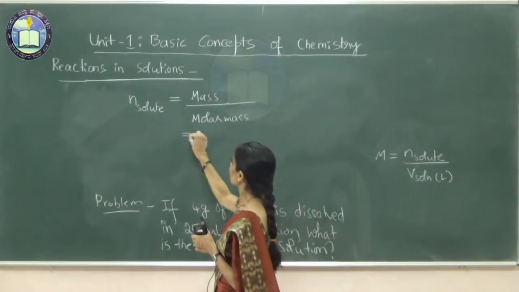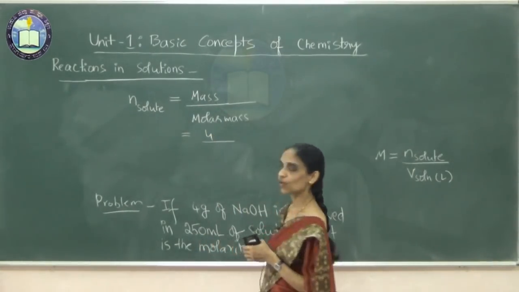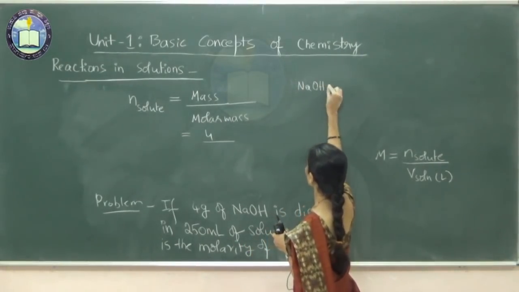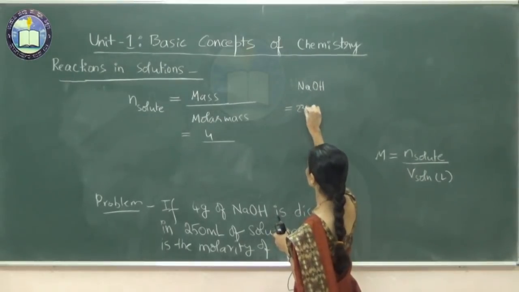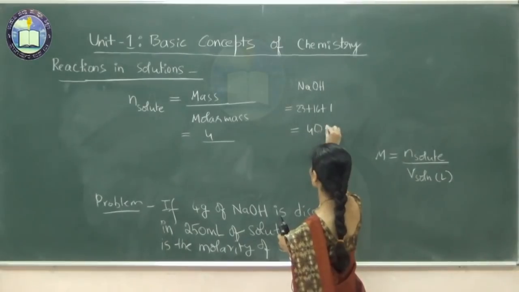Okay. So, what is the mass here for NaOH? It is 4 grams. And the molar mass of NaOH is 23 plus 16 plus 1, that is 40 grams.